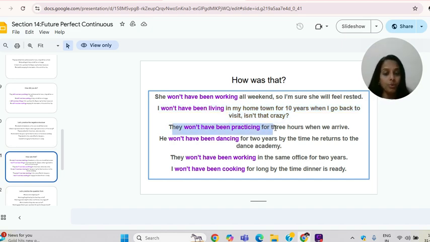They won't have been practicing for 3 hours when we arrive. Won't have been practicing. He won't have been dancing for 2 years by the time he returns to the dance academy. They won't have been working in the same office for 2 years. I won't have been cooking for long by the time dinner is ready.